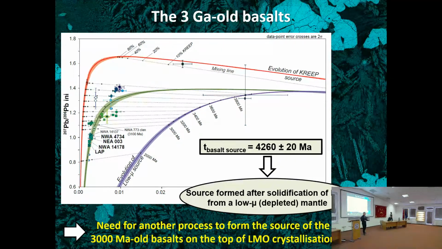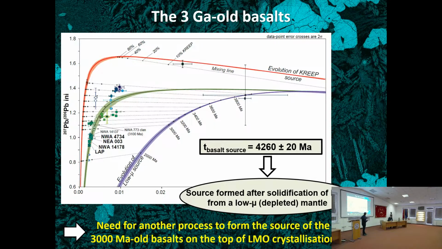Again, what we did is try to model a few characteristics of the source of these basalts using Monte Carlo simulations, using the initial lead isotopic ratios of these basalts. And we were able to get some results, and we were able to construct this evolution curve.